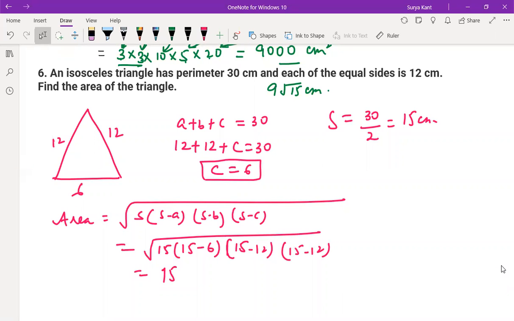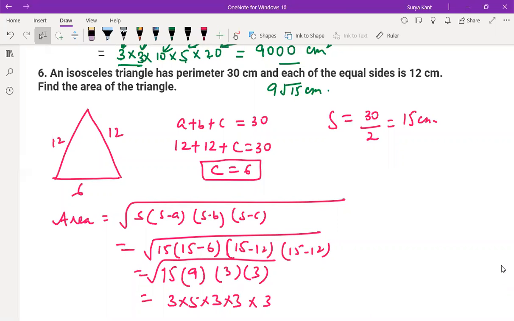So 15, 9, 6, 15, right? 3 into 5 into 3 into 3 into 3 into 3. One pair, two pair. It's coming 9 root 15. Yes, it's correct.